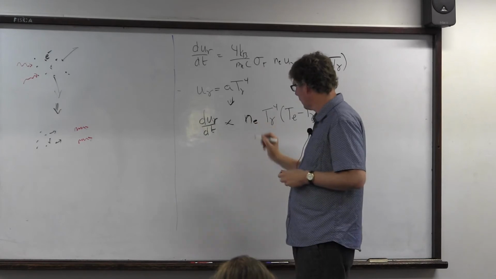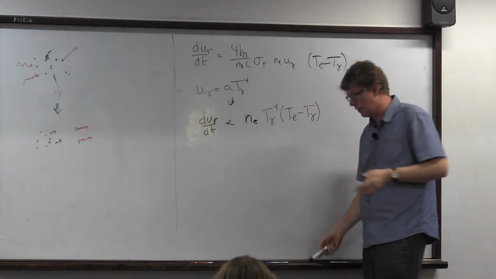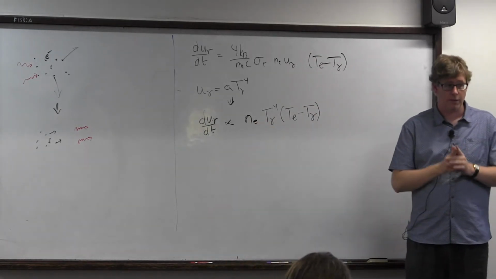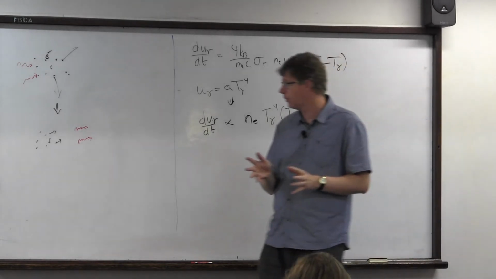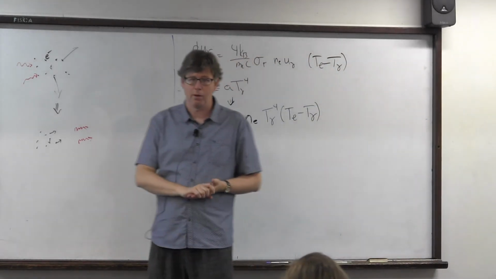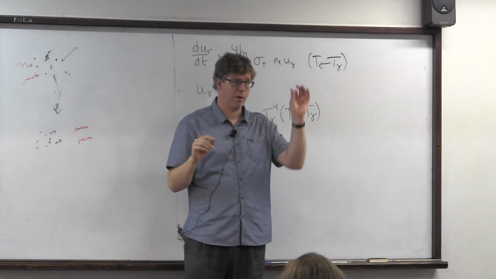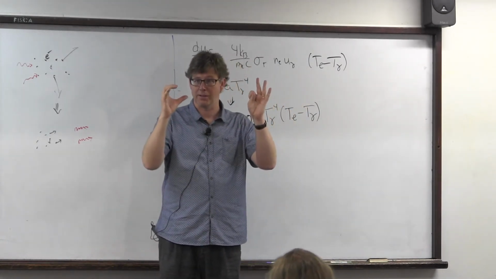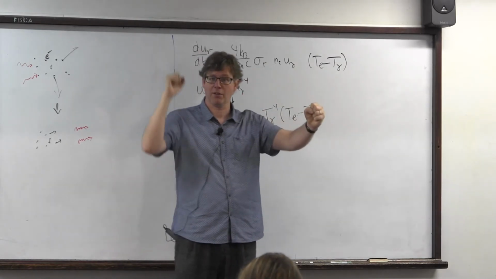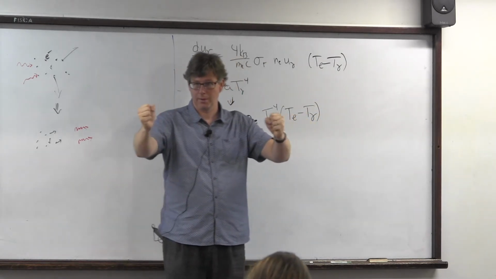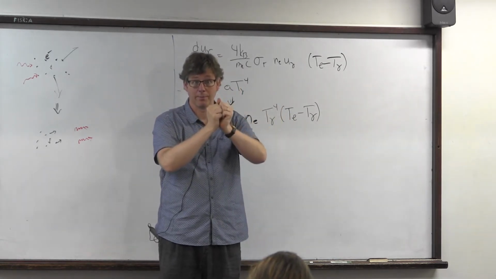Now, there are two important things here. One is that all the cooling processes that I talked about before, except for this one, have an electron hitting something else. So it depends on the density of the electrons and the density of the other particle. So it goes as density squared.